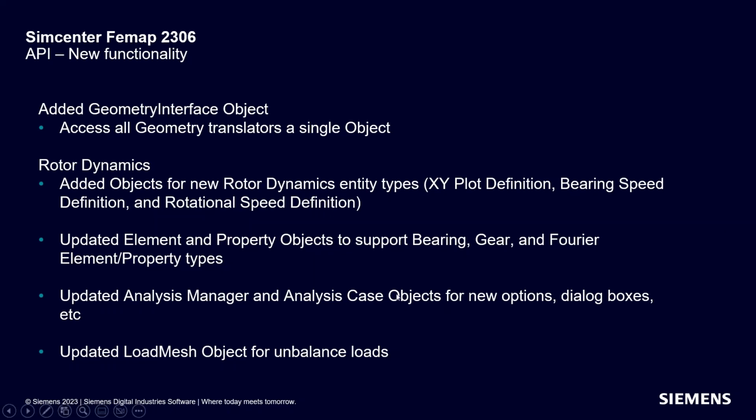So like I said, the geometry translator was updated. So they added the geometry interface object, which allows you to call that through the API and access the new functionality there. And then obviously they added a ton of rotodynamics functions and objects and properties that you can then access as well.